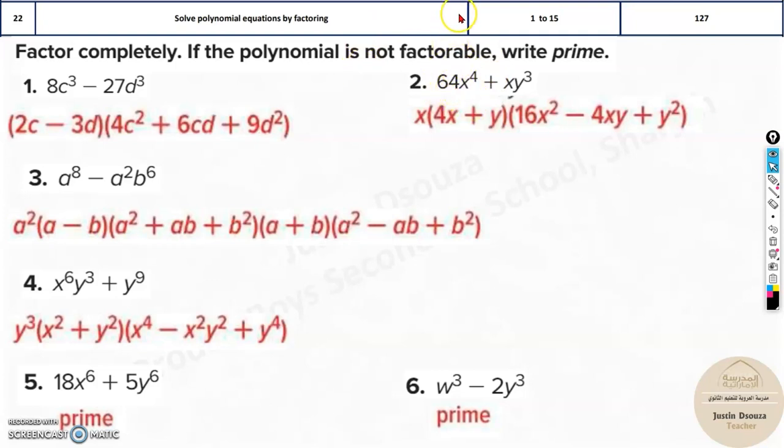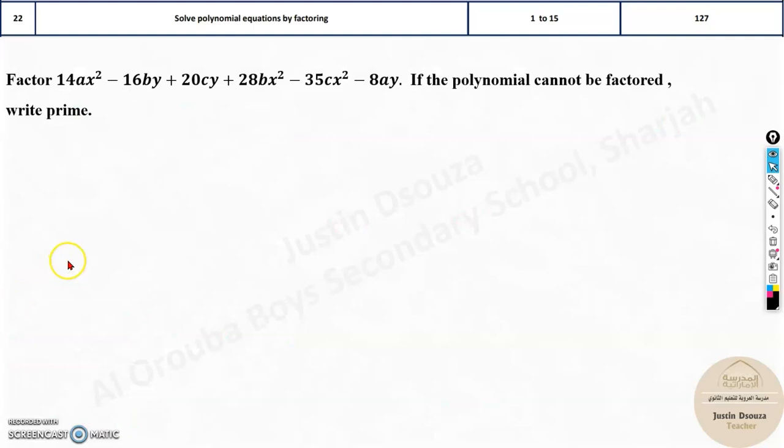So this is what I'm saying. You can reduce it to 4 to the power 3. Then you will solve it. See, if at all you cannot reduce the power, if this is not possible with these coefficients, then you just say it's prime. It's not possible over there.